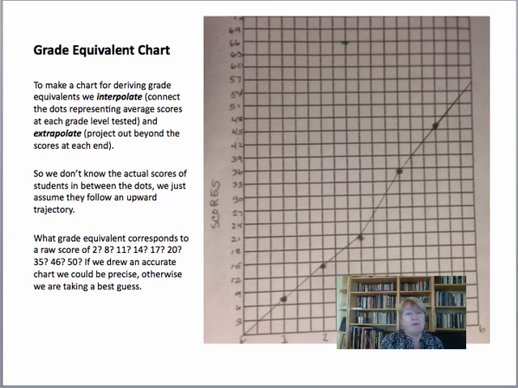We won't know the actual scores of the students in between the dots, but we're assuming that they're following that trajectory. So now we can go back to that question, what grade equivalent corresponds to a raw score of 2?